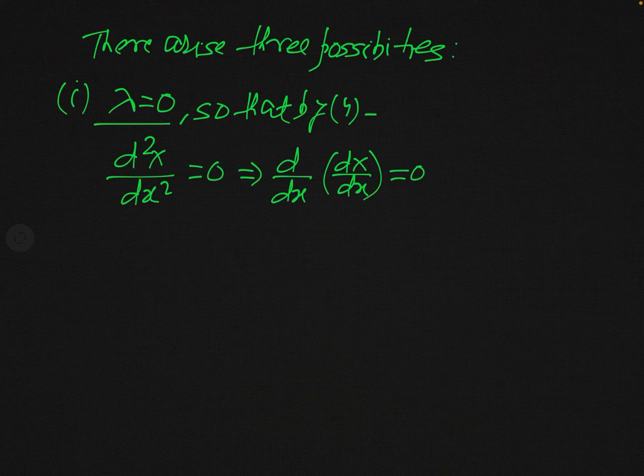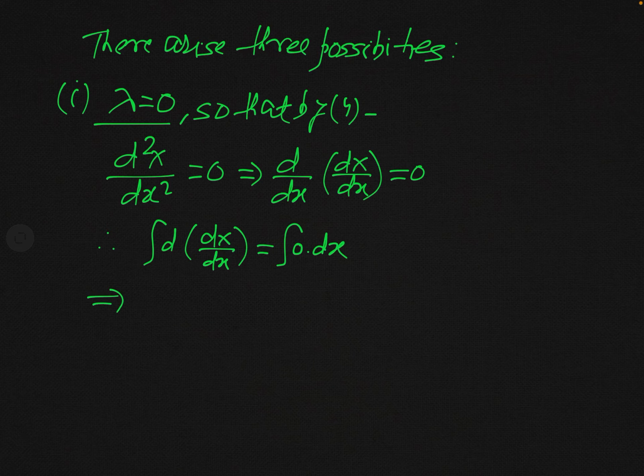And therefore, to know the value of x, we will integrate it, and so you can see the integral of d by dx of dx by dx will be what? This will be integral 0 dx. And you know, integral of differential of a function is simply equal to that function.